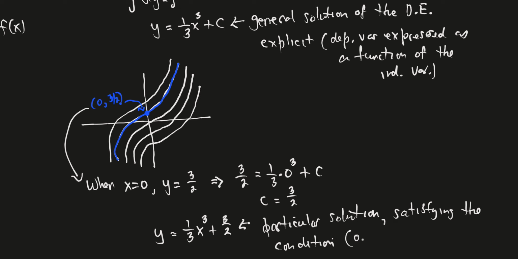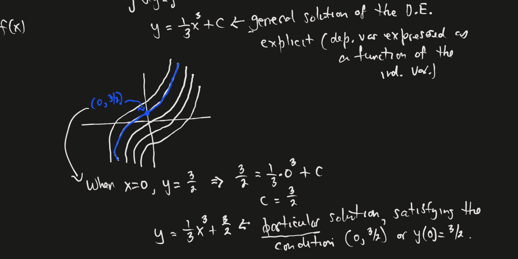You could write it as the ordered pair, or you could write it as y of 0 is equal to 3 halves, right? And if we think about these as parallel curves, then this is the only one. This is the only function that would satisfy my original differential equation, and it also passes through this particular point. And that's why, again, we use the word particular.